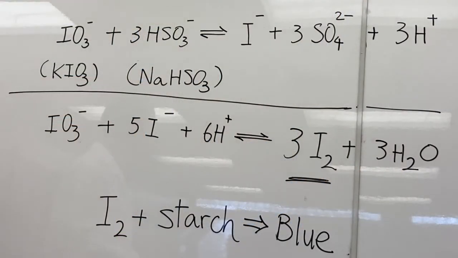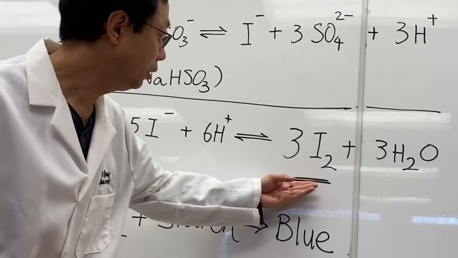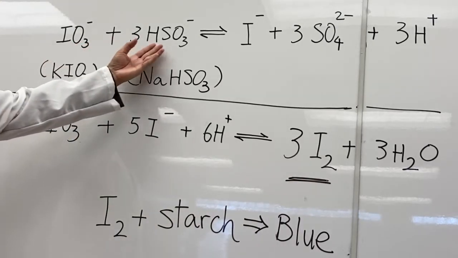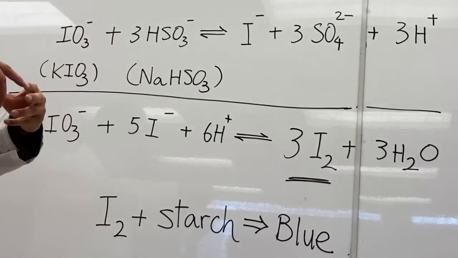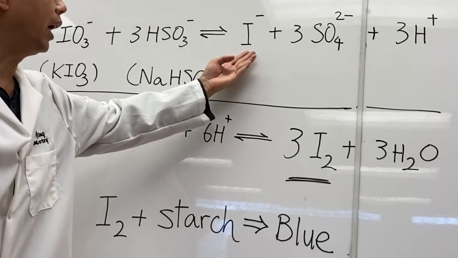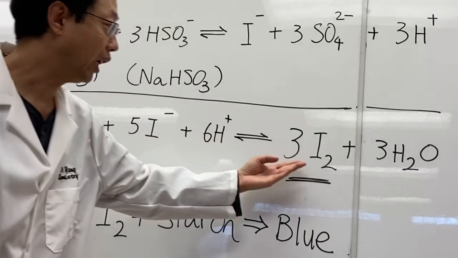So in the experiment, we are going to monitor the production of iodine. When you mix these two together in a container, they react. When this one is used up, the iodide will react with iodate to produce iodine.